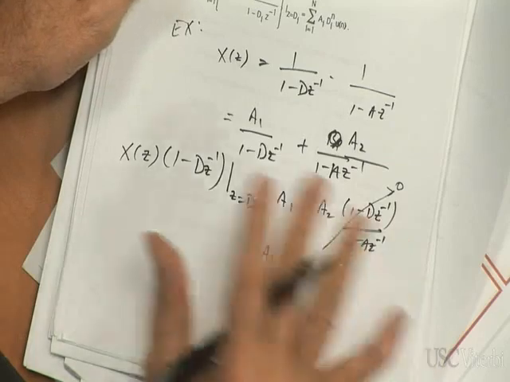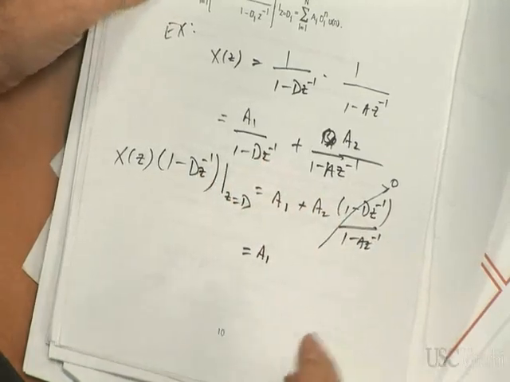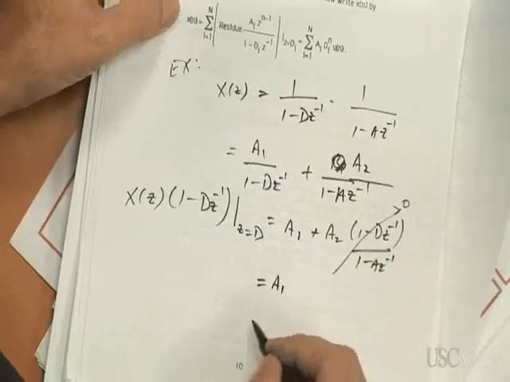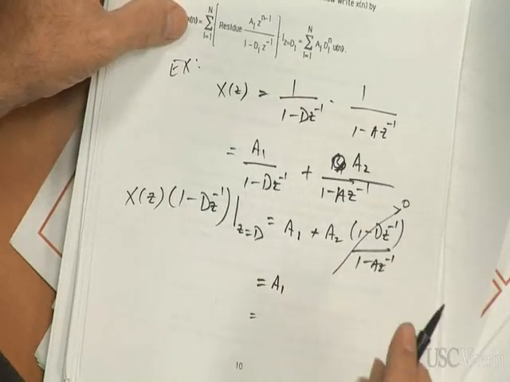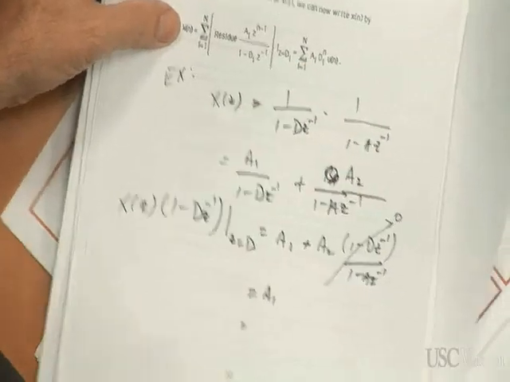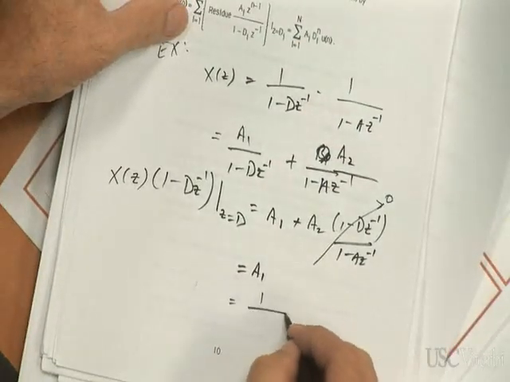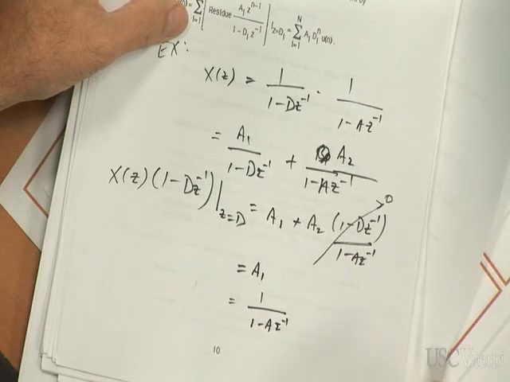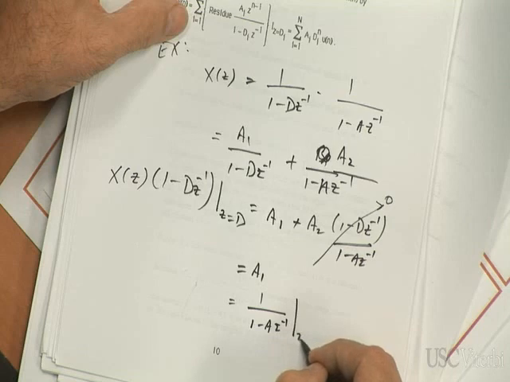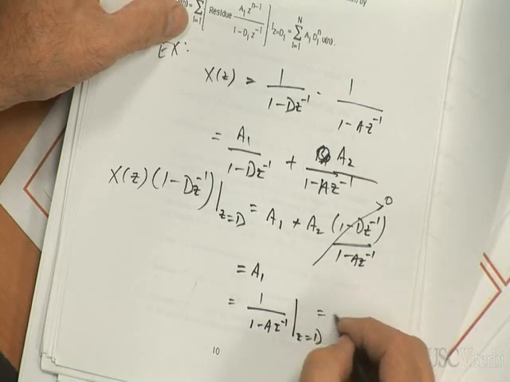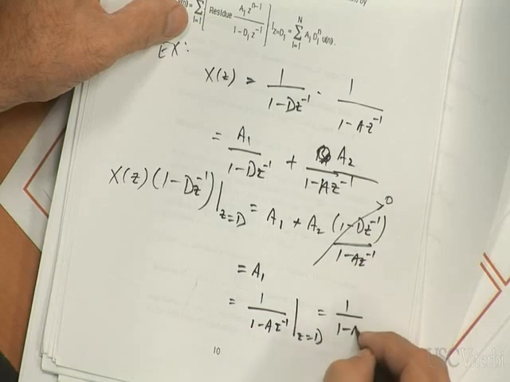Now how do you evaluate it? That's pretty simple, because you go back to the product form. If I multiply this by 1 minus d z inverse, I wipe that factor out. So from the product form you end up with this, evaluated at z equal d, and you find it is equal to 1 over 1 minus a over d.